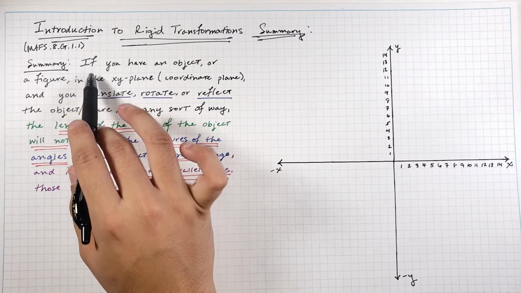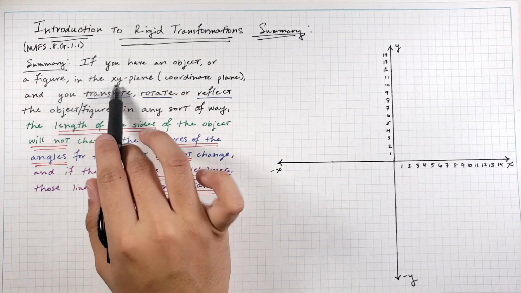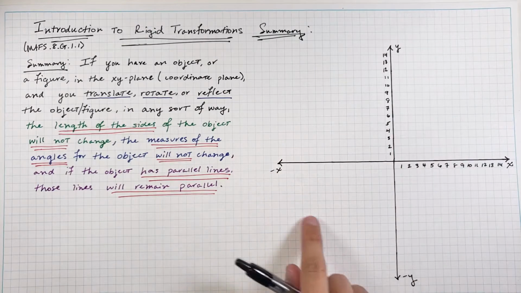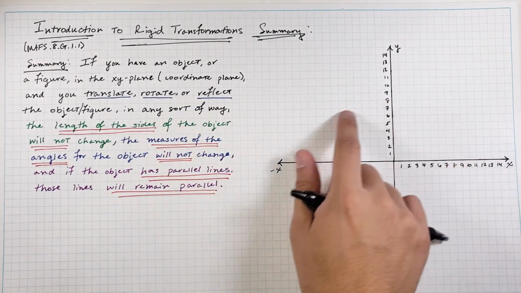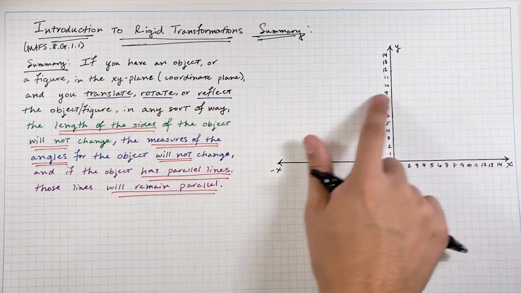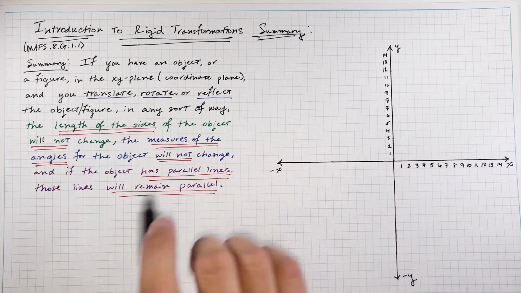The summary is if you have an object or a figure in the xy plane, also known as the coordinate plane, so this is going to be the same thing for this class. The xy plane and the coordinate plane are going to be the same thing for this class.